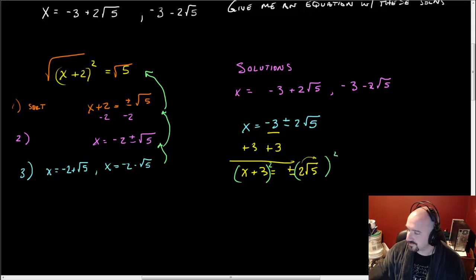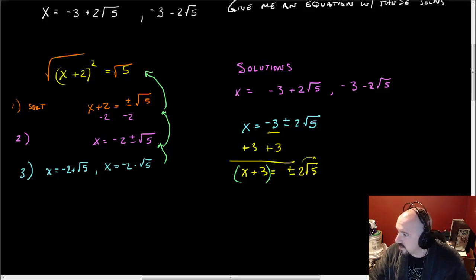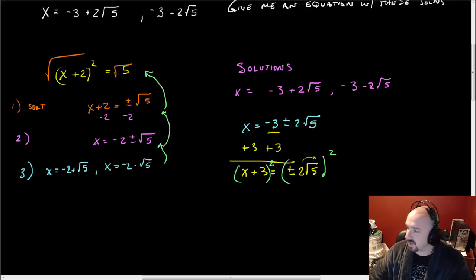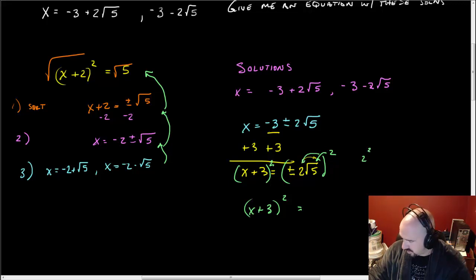No matter which one of these you square, the plus or the minus, when it gets squared, it's going to become positive. So this is going to become x plus 3 quantity squared is equal to 2 squared times the root of 5 squared, which undoes the radical, which is equal to 4 times 5, which is 20.